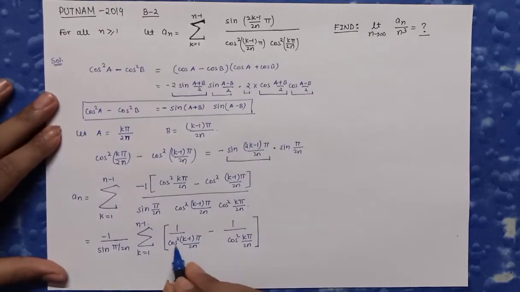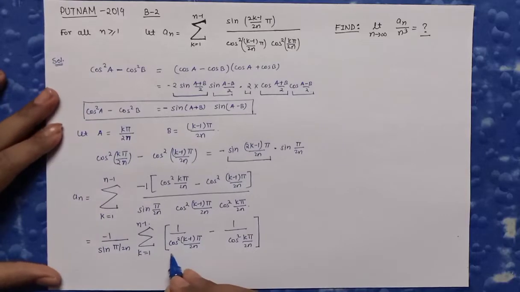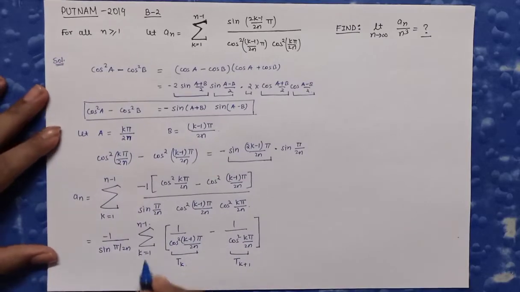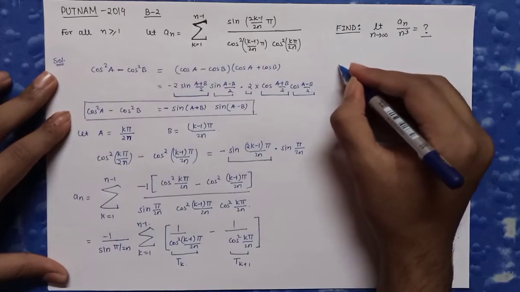Now these functions are varying with the value of k. So if I call this term t_k, the kth term, then obviously I can call this term t_(k plus 1), because if I substitute k plus 1, I will get this. Now it is all about the summation, so how we solve the summation is our main task here.